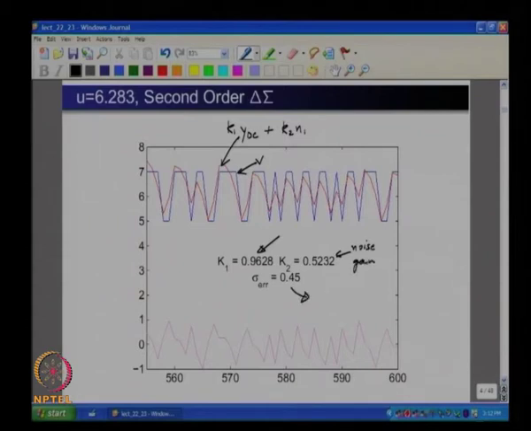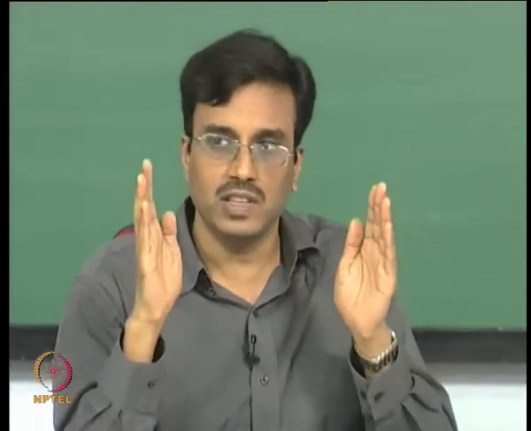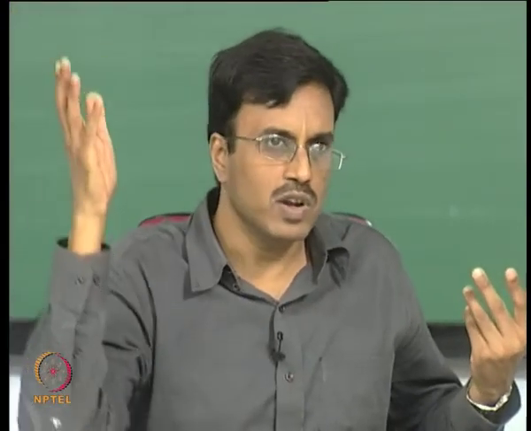and we also see that the mean square value of the error has increased from delta square by 12, which was 1/3, to something about 30% higher. This also makes sense, because please recall that the error of the quantizer is only bounded when the input is within the linear range of the quantizer, correct. So if you plot the quantizer error transfer curve, it is some sawtooth kind of waveform within the quantizer range. Beyond the quantizer range, it will eventually go to infinity, you understand.